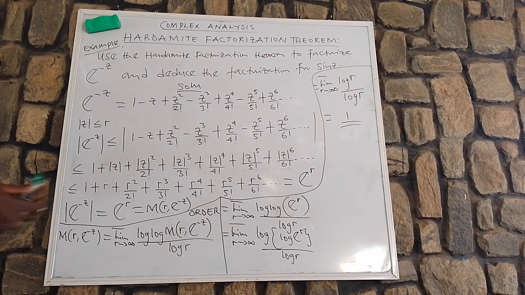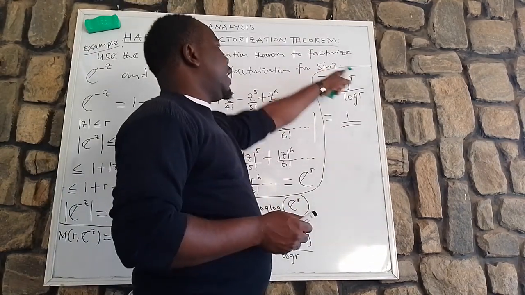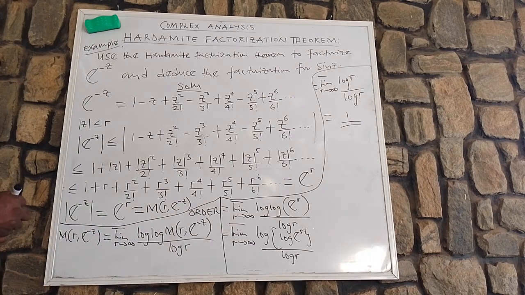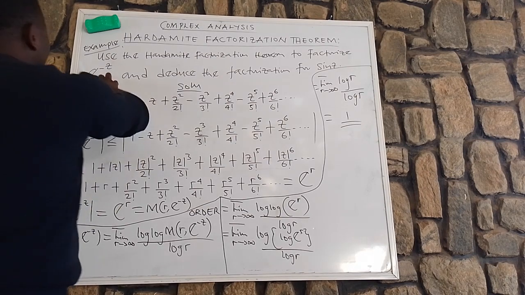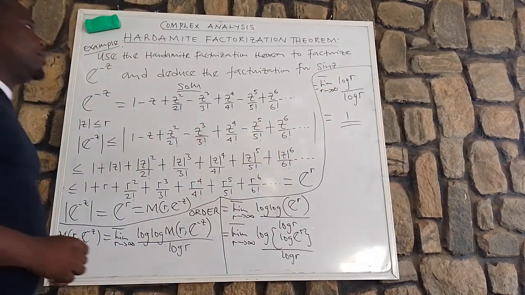Now, you said you use the factorization for sine z. We are going to do the same thing here. But let's look at it together. Let us consider, we've done exponential minus z. Then let's look at sine z.